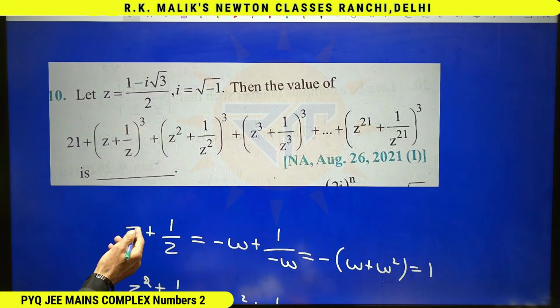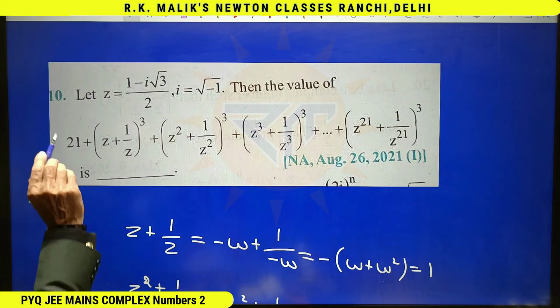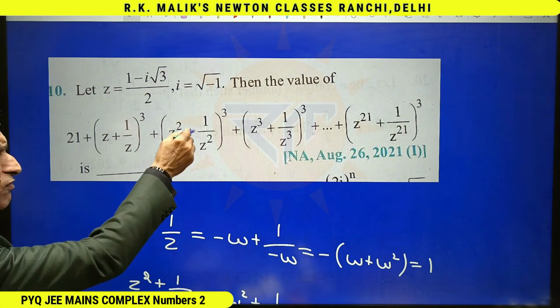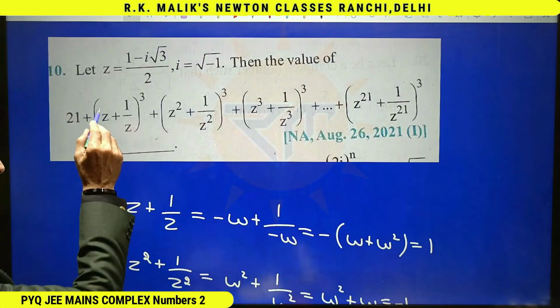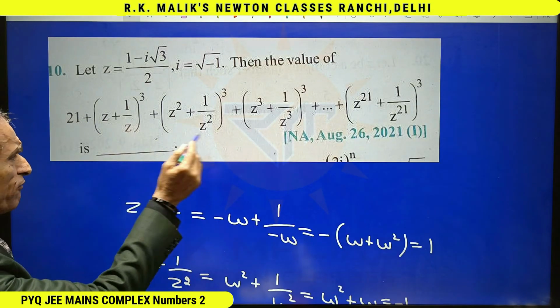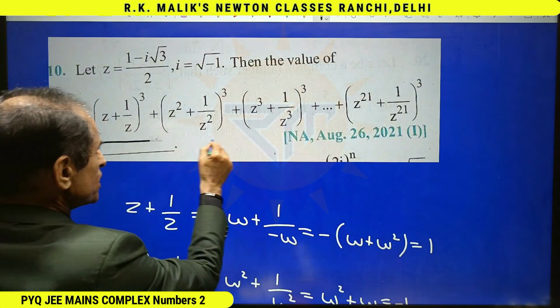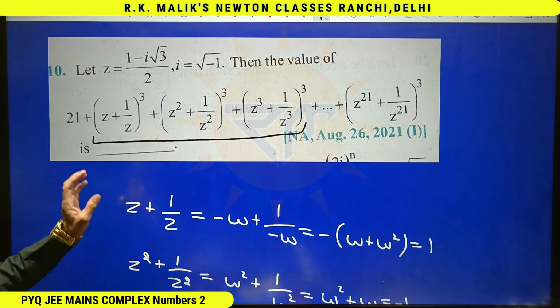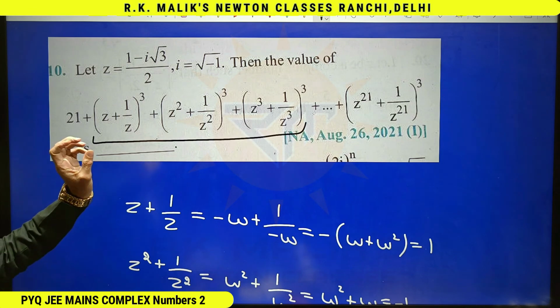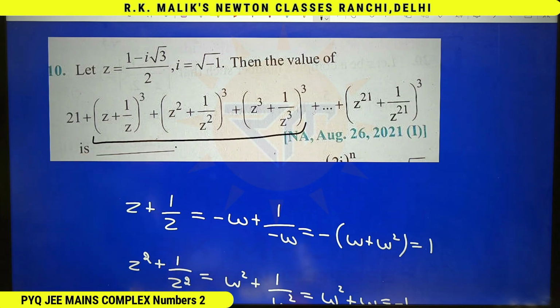Which one will be 1, which one will be minus 1 and which one will be 2, it is not difficult to observe. And it is also very easy to see that if this is 1, then the next one will be minus 1 and the next one will be minus 2. And in this way, in every group of 3, we will always get one part as minus 1, second part as 1 and third part as 2 or minus 2.